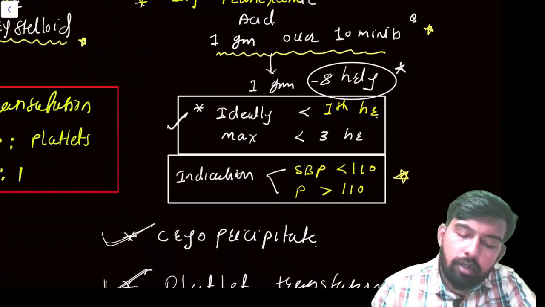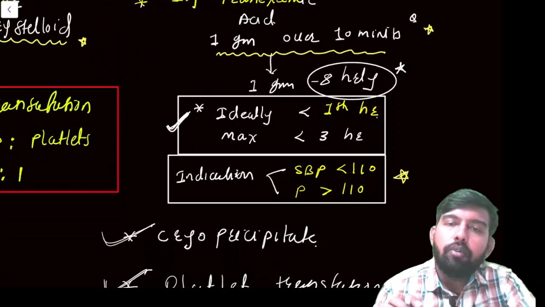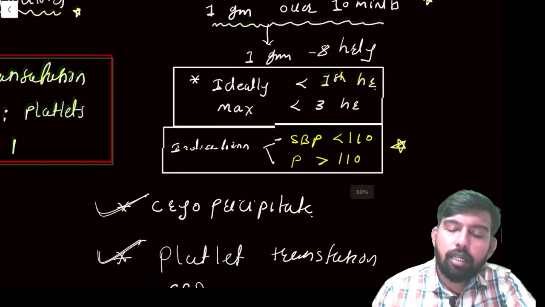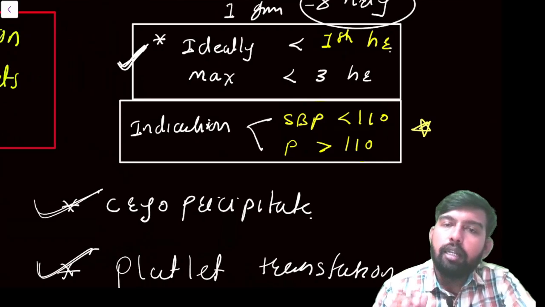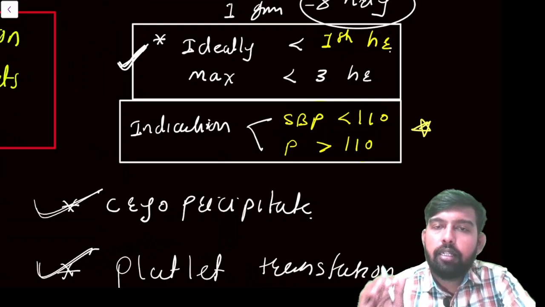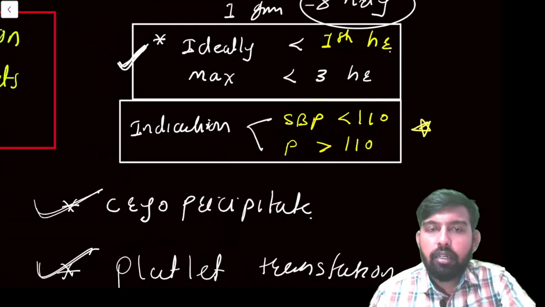Maximum it can be given is within 3 hours of the trauma. The indication for giving tranexamic acid in case of trauma is if the systolic blood pressure is less than 110 millimeters of mercury and the pulse is more than 110.